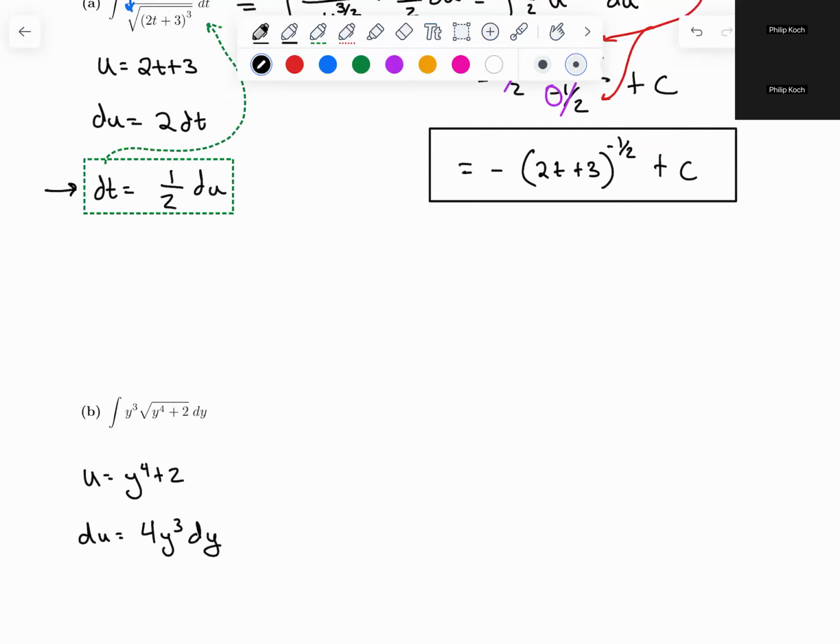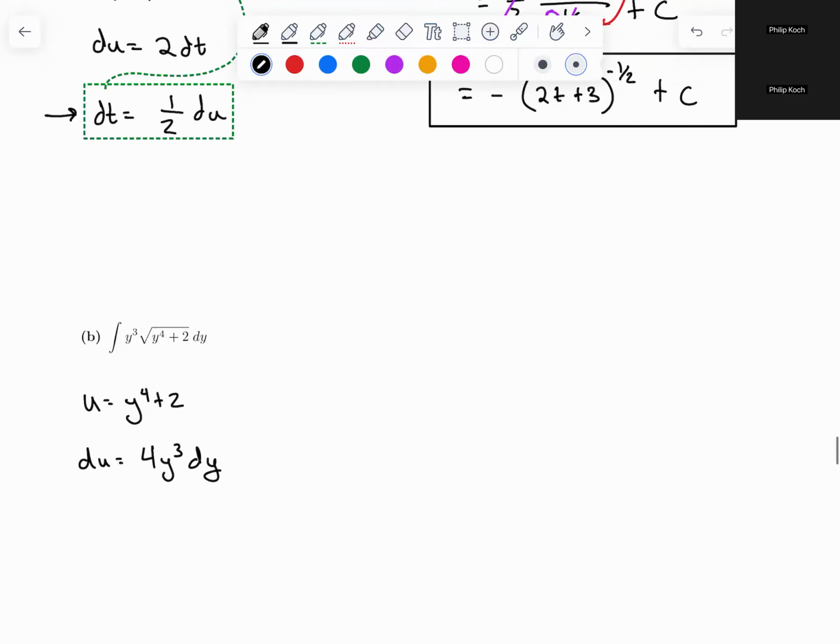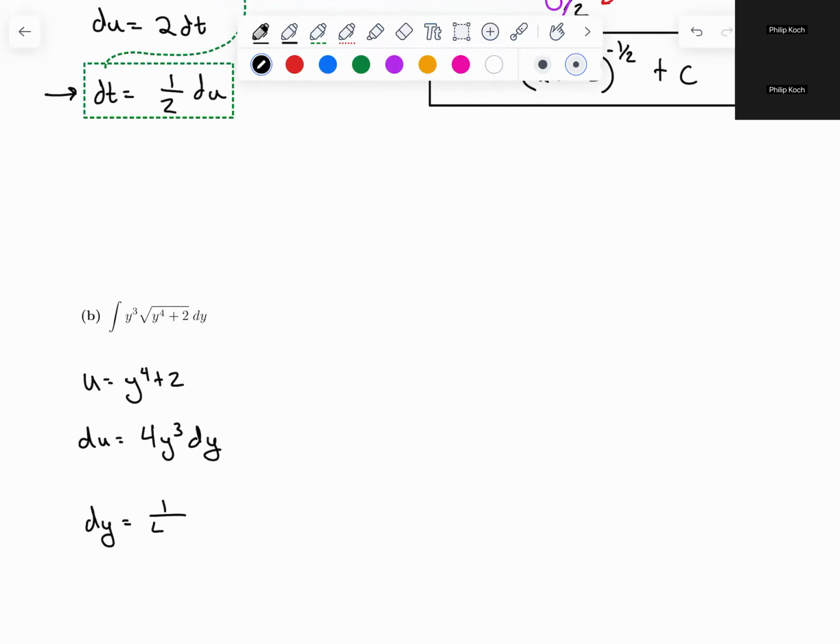Taking the derivative of that u value would be du dx is equal to 4y cubed, quote unquote, multiplied by dy, even though we technically can't, but we can if we want to visualize it. And then we'll solve for dy. dy is equal to 1 over 4y cubed du.